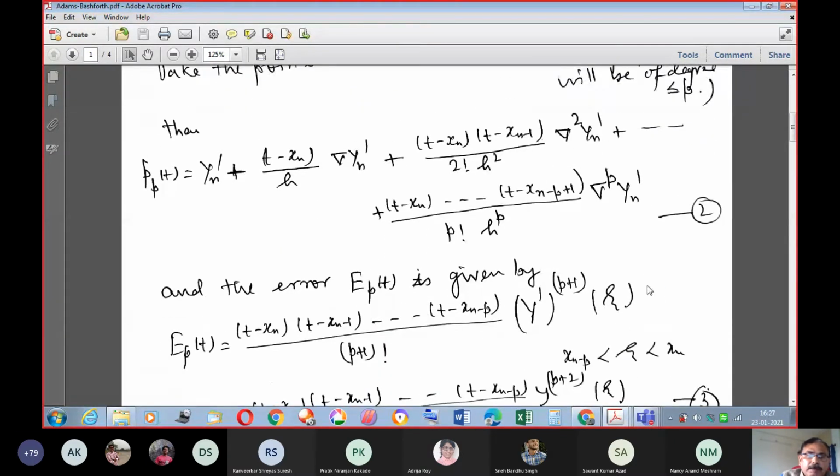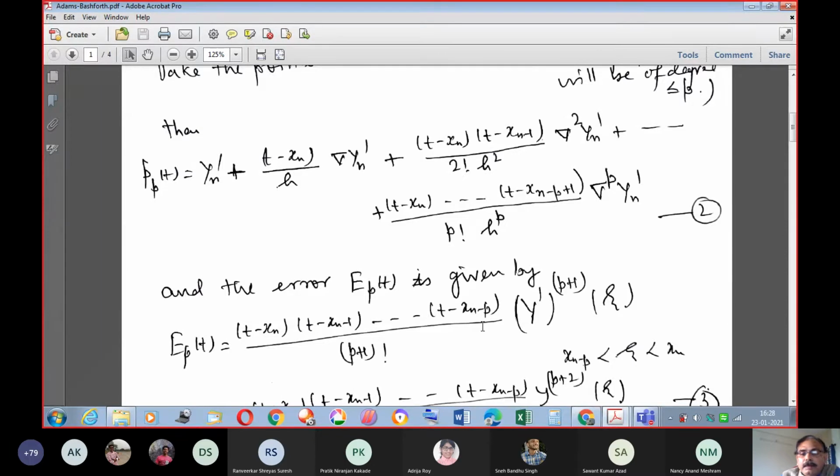So it will be t minus x_n minus 1. After this lecture, you should revise that, if you haven't revised the interpolation, especially Newton's backward formula. So t minus x_n minus 1 and so on, up to t minus x_n minus p, all the products are there, divided by p plus 1 factorial.